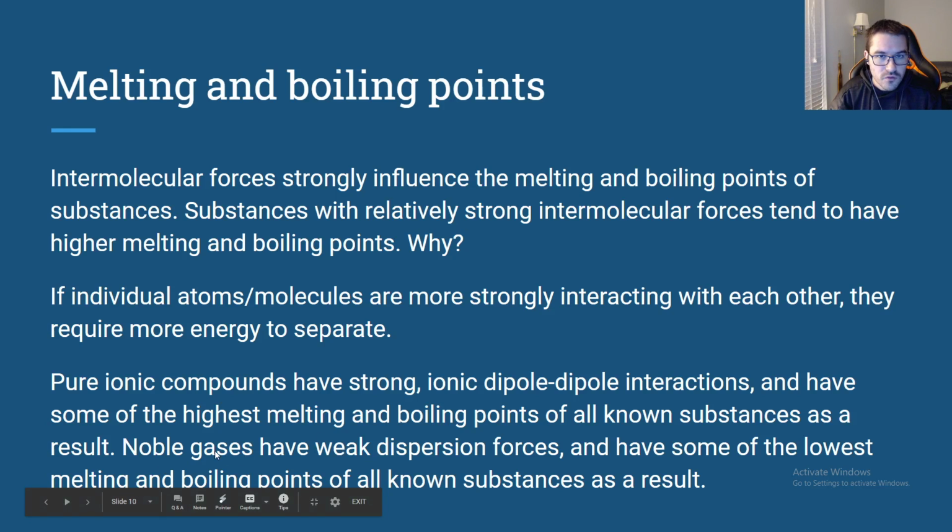Noble gases, with very, very weak interactions, have some of the lowest melting and boiling points of all known substances. It doesn't take much energy to get them to fly apart from one another, because they're not interacting with each other. Even if they're packed together in a solid, they're very cold. It does not take much energy to get them to fly off. They're not interacting with each other much, even in that solid form.